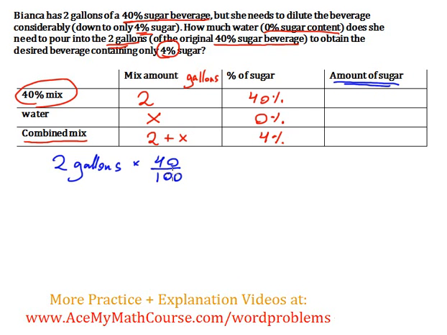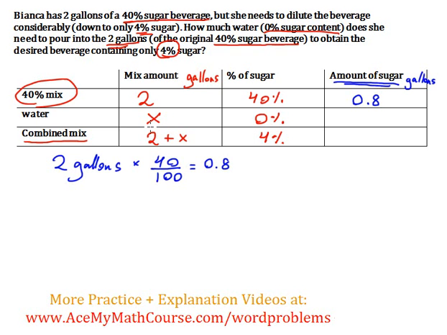And 40 divided by 100 is 0.4. So that's going to give us 0.8 gallons of pure sugar. Horrible, eh? So that's also in gallons. Lots of sugar.